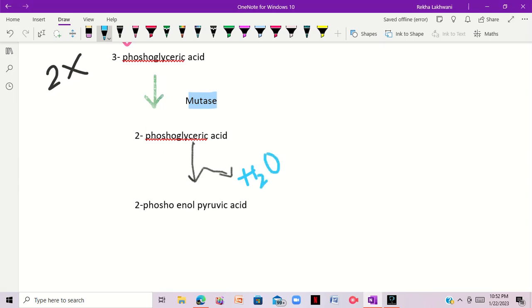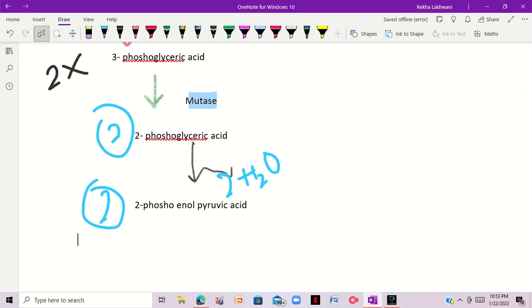And how many molecules are there? Basically 2 molecules, as there are also 2 molecules of 2-phosphoglyceric acid. Now what will happen? Actually the enzyme used is enolase. So the enzyme used over here is enolase.